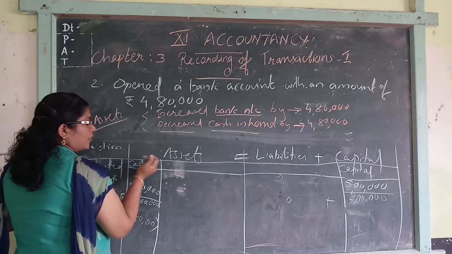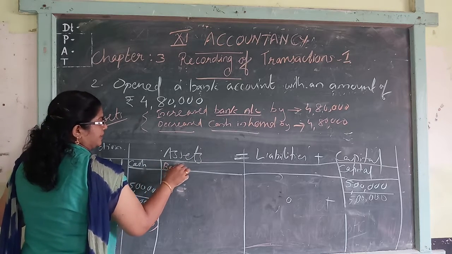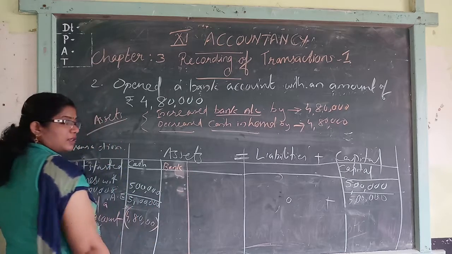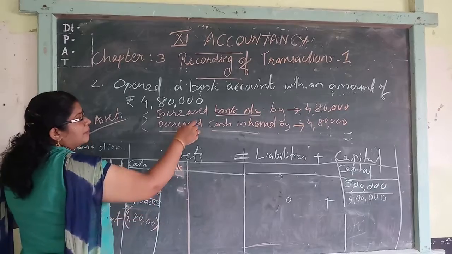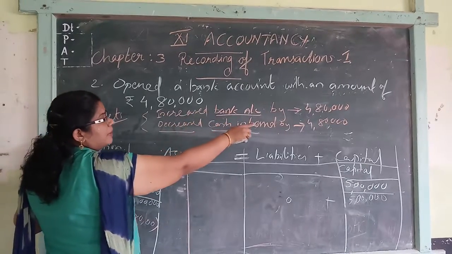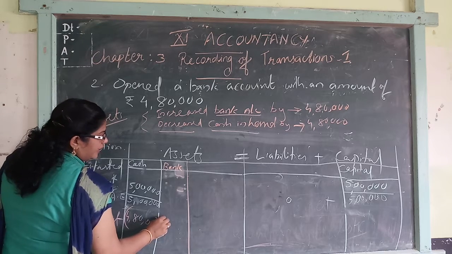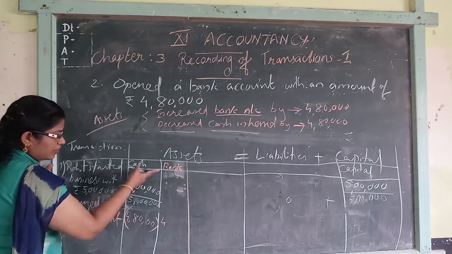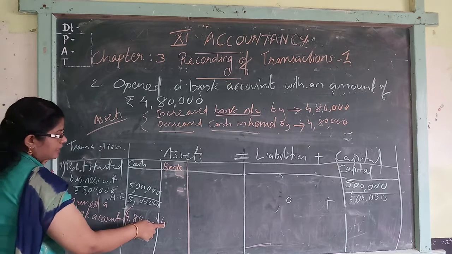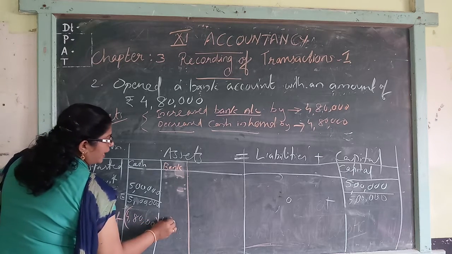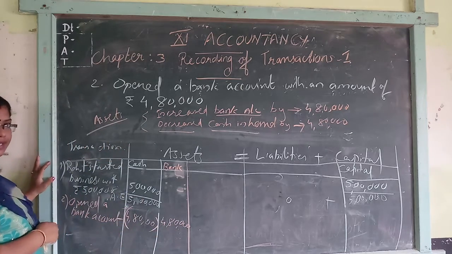Here, one of the assets is cash, another asset is bank, another column. So what amount is in the bank column? The bank account is increased by 4,80,000. Don't write it here or there; write it in the correct position for the second transaction. 4,80,000 increased, so plus sign.